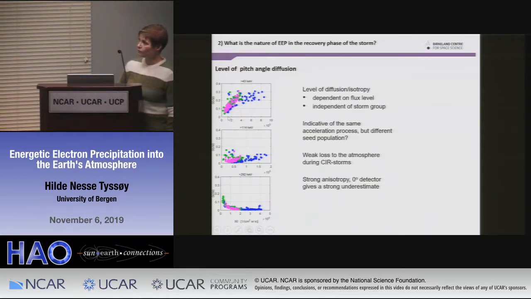So for larger than 40 kV here, there seems to be a tendency that the higher the fluxes in the radiation belt, the more is also being deposited into the atmosphere. It's a bit of a mix when you get into larger than 100 kV. It's not as clear, but looking at larger than 300 kV, it seems that the stronger the radiation belt, the 90 degree fluxes become, the less is being deposited into the atmosphere, the stronger the pitch angle anisotropy is.